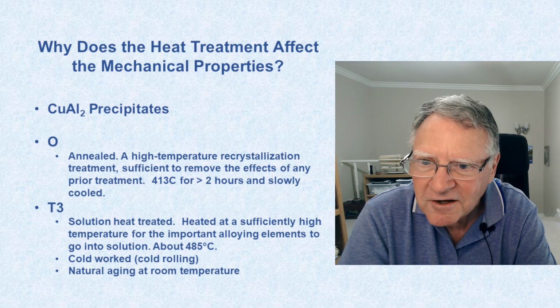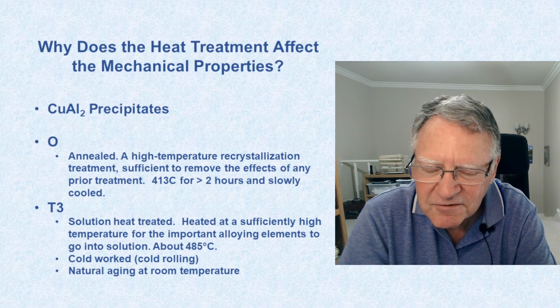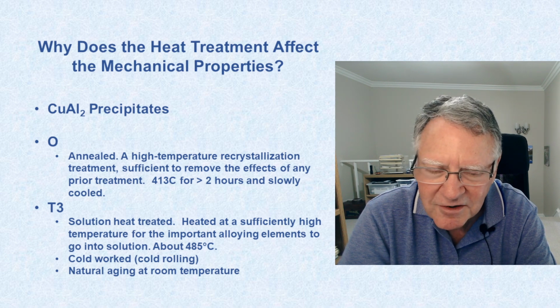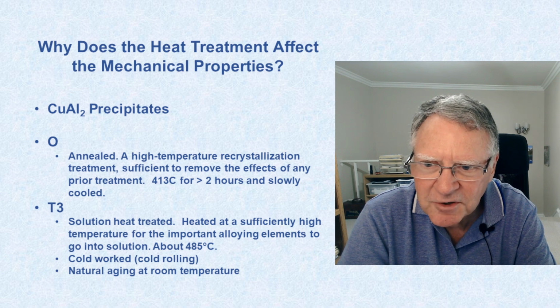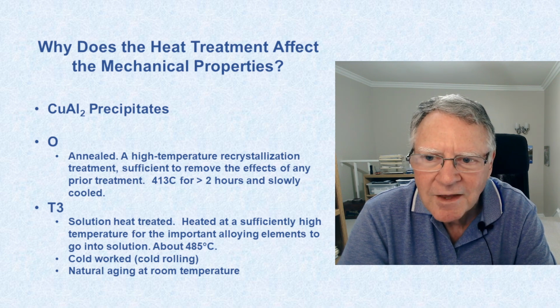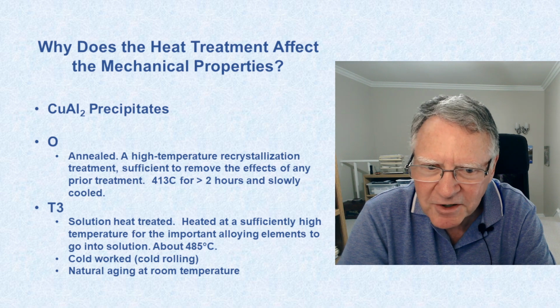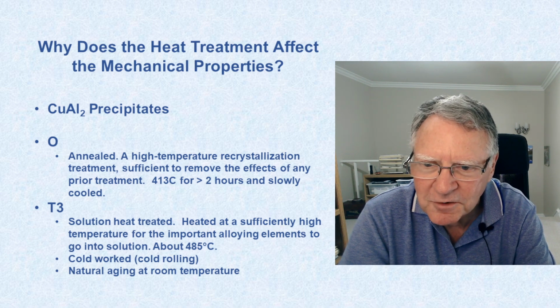Okay, the other effect is the effect of the copper aluminide precipitates. Copper aluminide is CuAl2, and I've already mentioned that copper is the primary impurity in the 2024 aluminum.